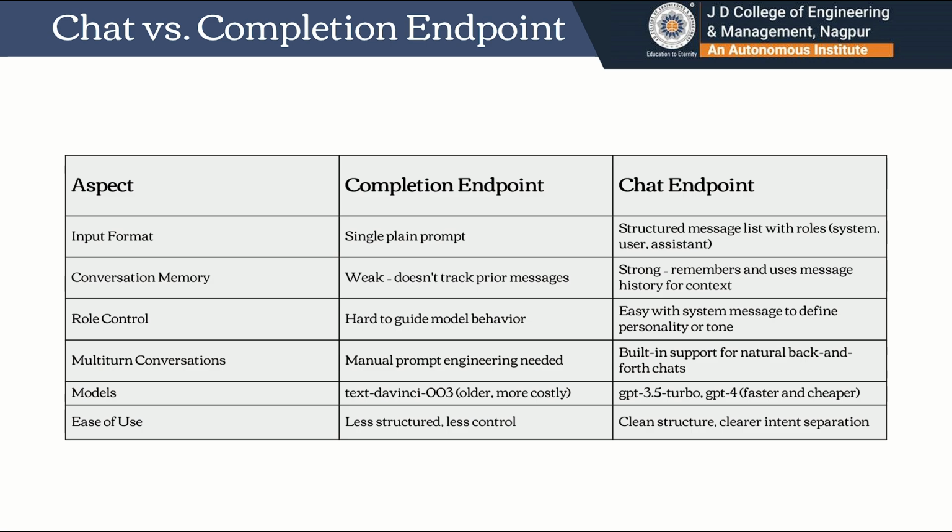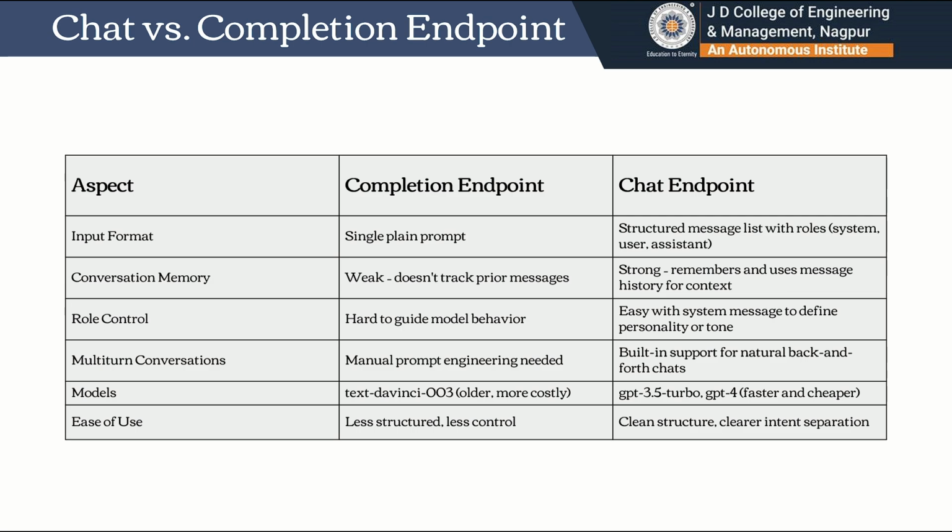Fourth is multi-turn conversation. To create a back and forth interaction with the completion model, you would have to manually stitch together all past responses. That's not efficient. The chat endpoint has built-in support for multi-turn dialogue, so the conversation flows naturally with less code. Fifth is model. The completion endpoint uses text DaVinci 003, which is older and more expensive to run.